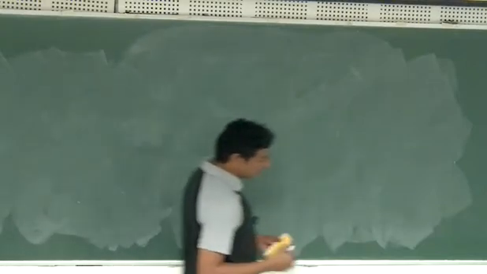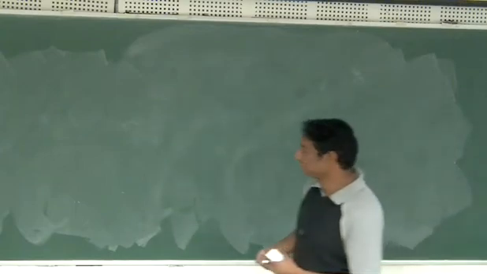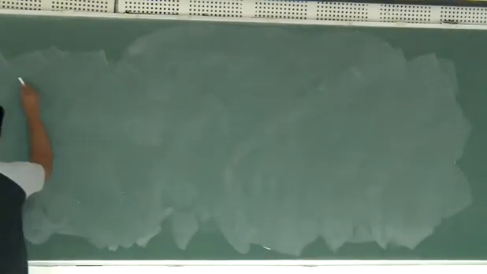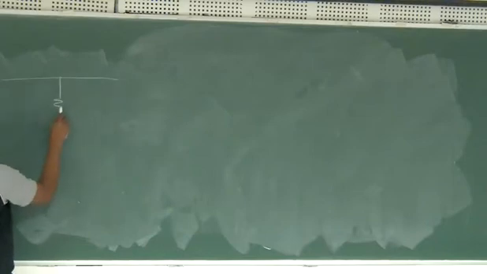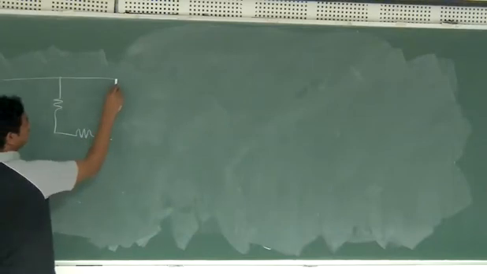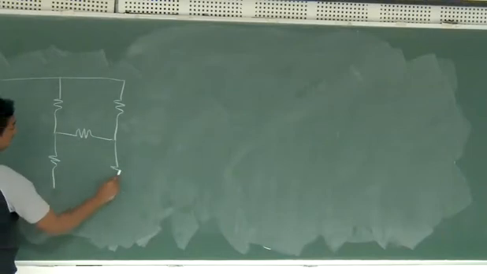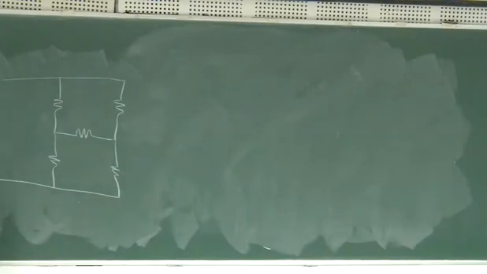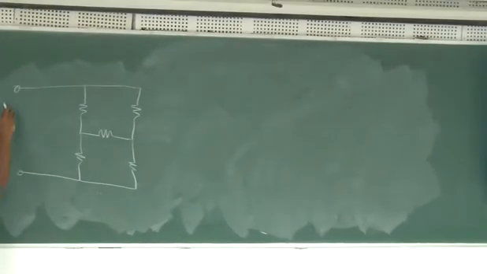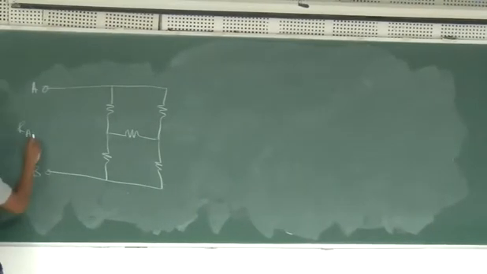The next one is about some transformations. Sometimes what happens is the circuit is given like this. I'm saying find RAB.